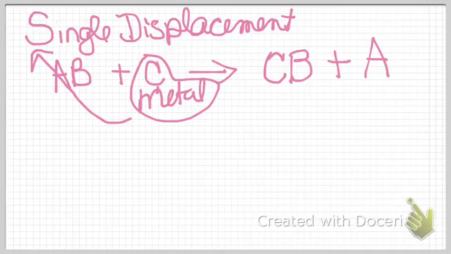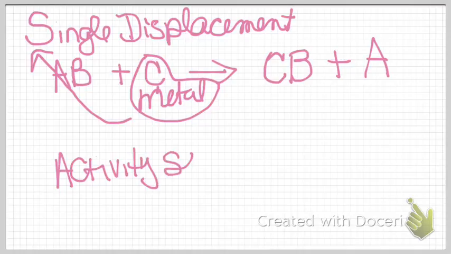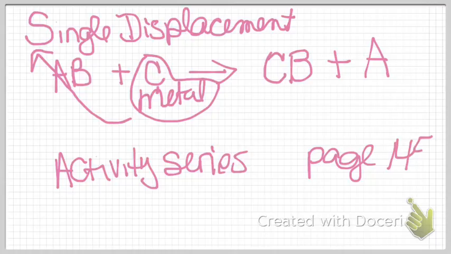Now, this reaction will not always happen. This reaction only happens if C is more active than A. There's something called the activity series, on page 145 of your text, that says which elements are more active than others.